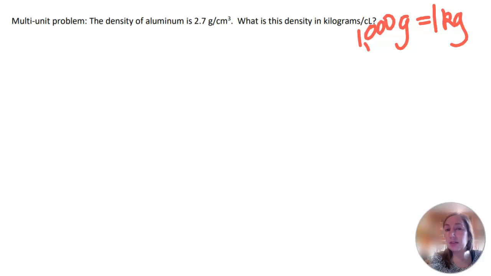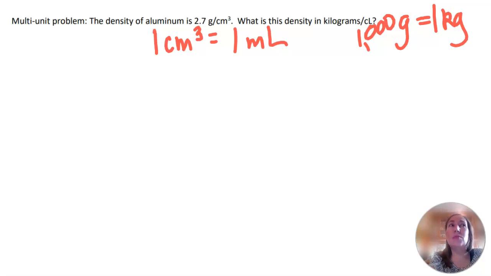What about centimeters cubed and centiliters? Well, it would be helpful to know that a centimeter cubed is equal to a milliliter in terms of volume. Now, we might not remember offhand a direct conversion between milli and centi.